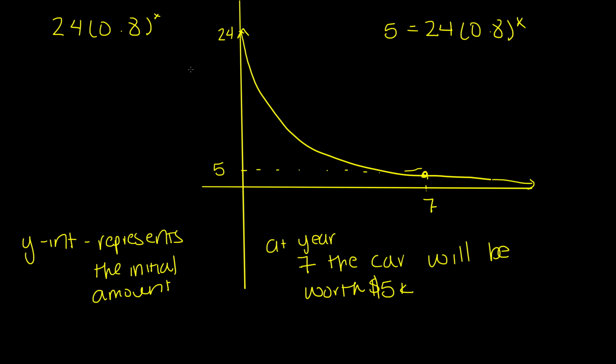Here is a great representation of how we can use growth and decay to figure out basics of life. Now, the math for car buying and depreciation does go a little bit further. This is basic exponential growth and decay, but it is a great example of the depreciation of a car. If you have any questions, please feel free to get a hold of me, and I will catch you in the next video.